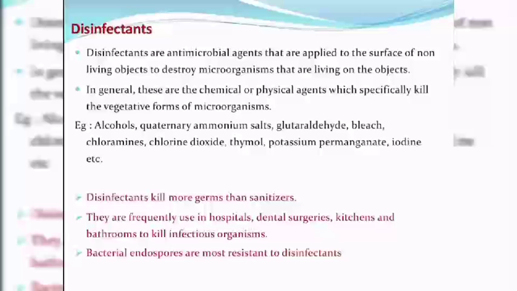And the next class of chemotherapeutic agents is disinfectants. Disinfectants are antimicrobial agents that are applied to the surface of non-living objects to destroy microorganisms that are living on the objects. In general, disinfectants are chemical or physical agents which specifically kill the vegetative forms of microorganisms.